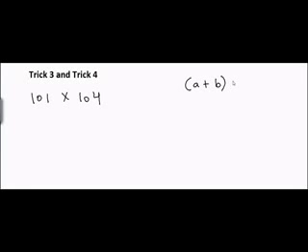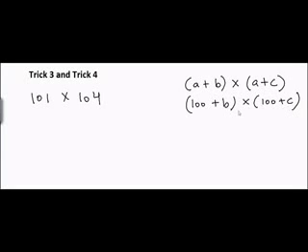So suppose 100 plus b into 100 plus c, where b is 1 and c is 4. So what I'm doing here is I have 10,000 plus 100 into (b plus c) plus bc. So remember this formula.